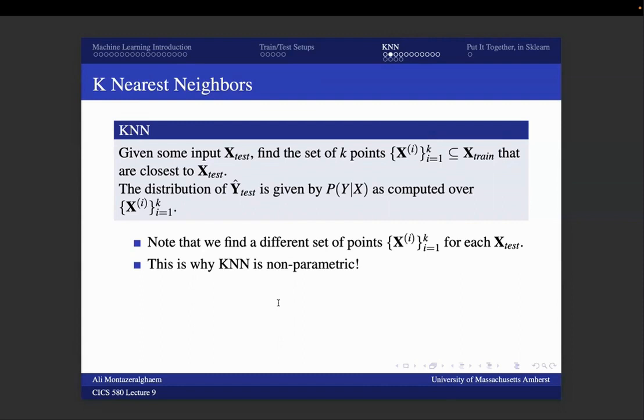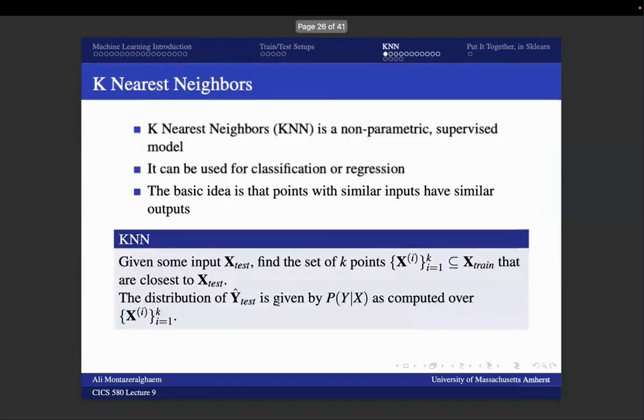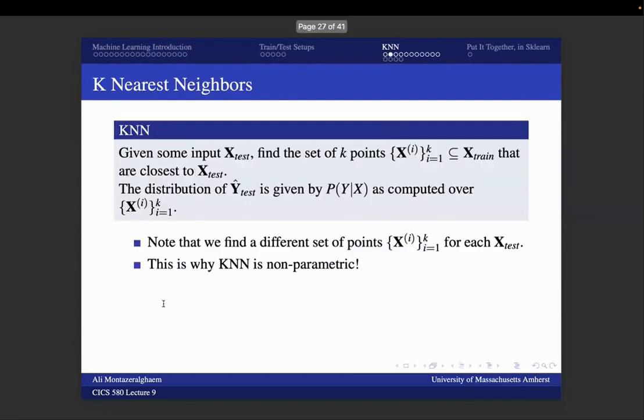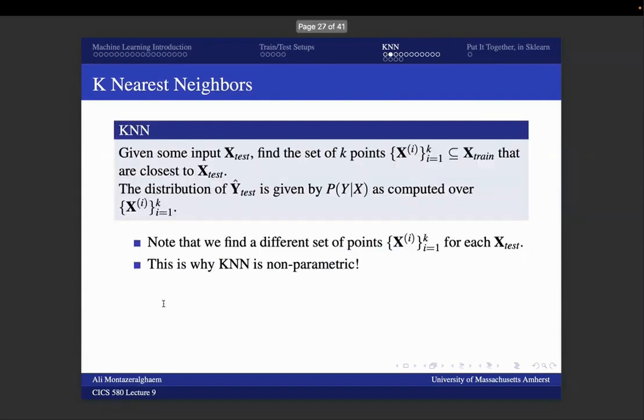We are deciding about x test based on some data that we already have. We don't have any parameter for that. And how can we decide about the distance between data points? As I mentioned here, we need to find the k points that are closest to x test, which means that we need to find the distance between data points.